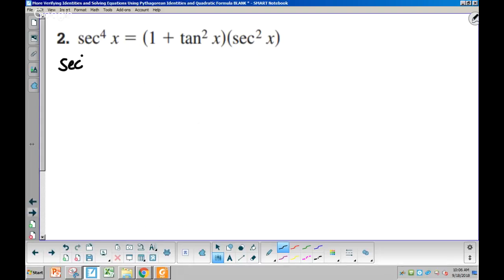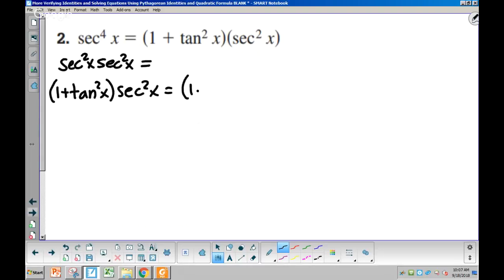You're going to say secant squared x times secant squared x equals, and then using our Pythagorean identity, we're going to say, well, secant squared equals 1 plus, yep, 1 plus tan squared x times secant squared x. And believe it or not, this is the only way that you're going to be able to integrate secant to the fourth x when you get to calculus, is to break it down like this. And then we'll be using something like u substitution to integrate that, okay?